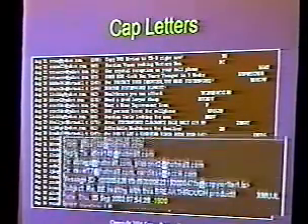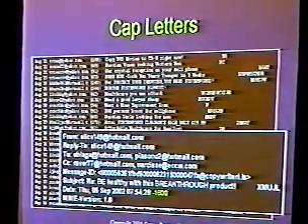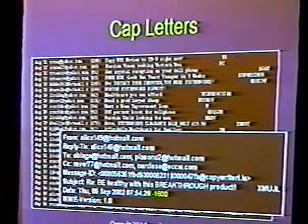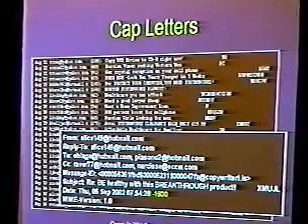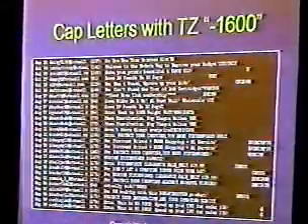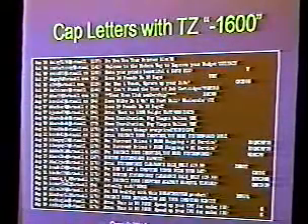For example, there's a significant number of emails that have a date with a time zone of negative 1600 or negative 1700 hours. Now for those of you who don't know how time zones work, on planet Earth there is no time zone negative 1600 hours. This makes it pretty unique. So if we just take a look at all the emails with a time zone negative 1600 hours and a capital letter hash buster on the subject line, we end up with a large amount of organization.